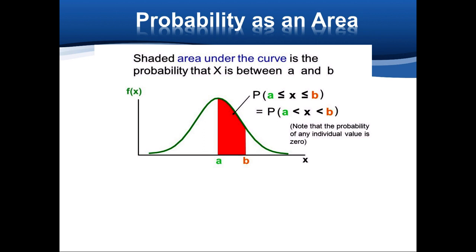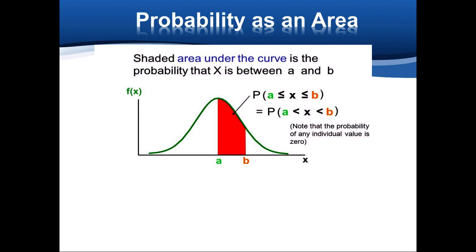Note that, different from discrete random variables, equal or not equal is the same, because x equals a is a line, a straight line. Having this line or not, the area between a and b is the same.